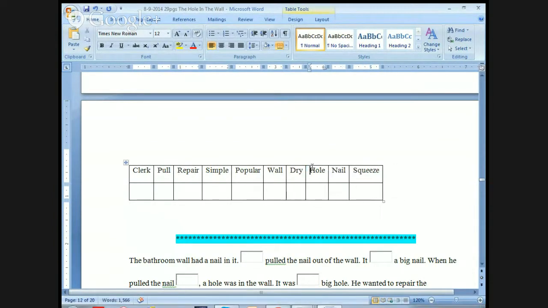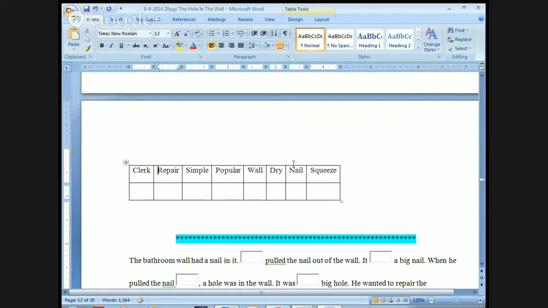The product had to be squeezed in the hole. Then I had to let it dry. It is a very simple way to repair.